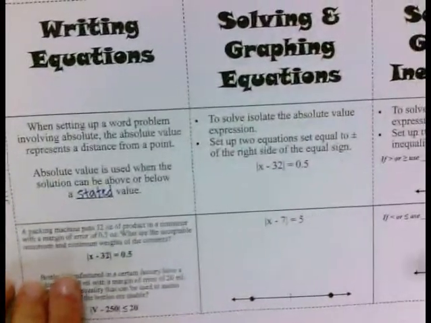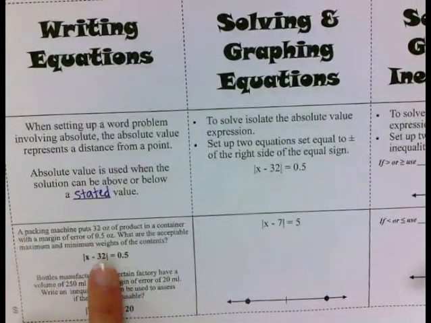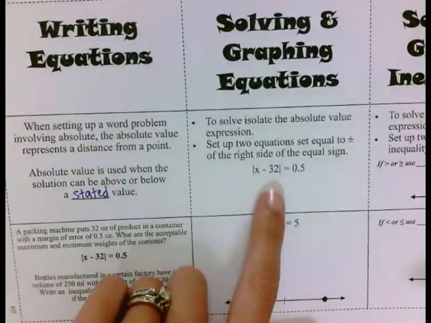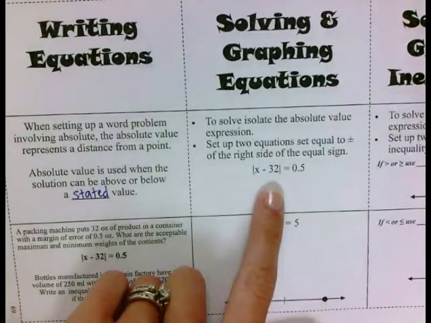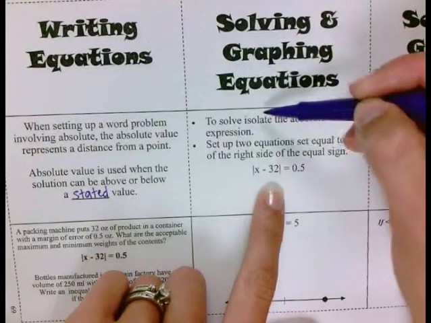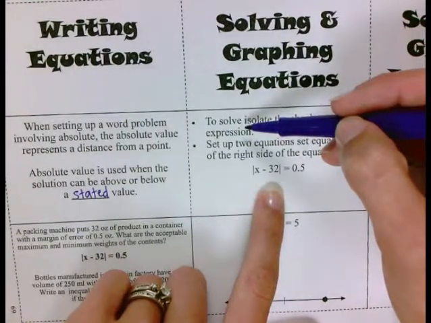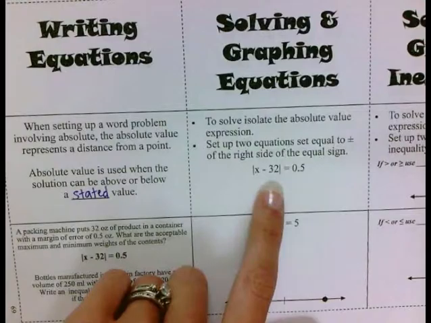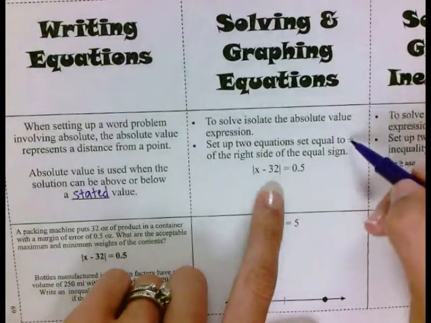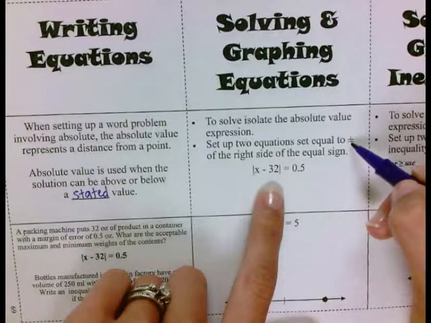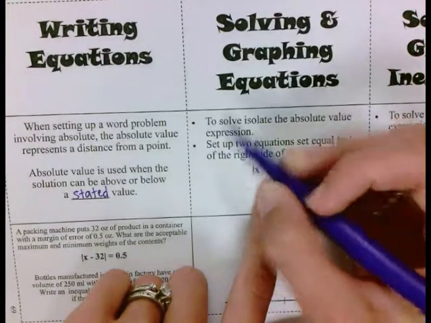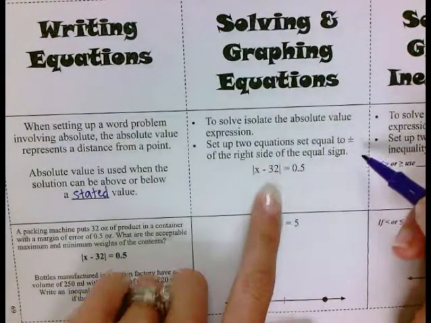So I want to now talk about, we're going to use this example right here to solve. So the first thing you have to do is isolate the absolute value expression. To be able to do that, you have to set up two equations, set equal to plus or minus, that's a plus or minus sign. I don't know if you've seen that or not. Of the right side of the equal sign.